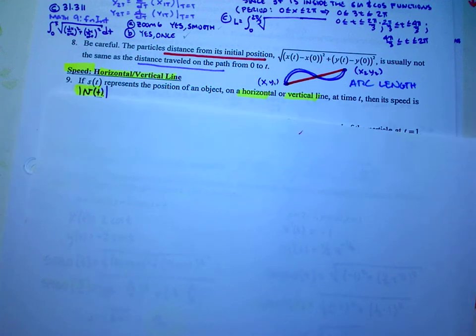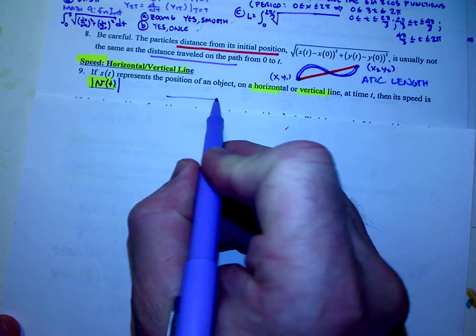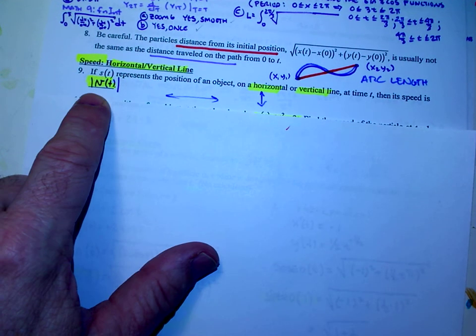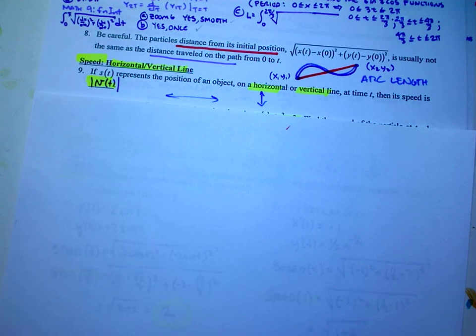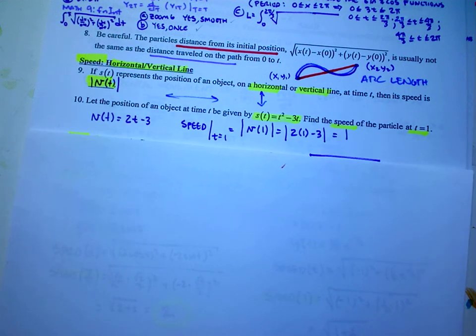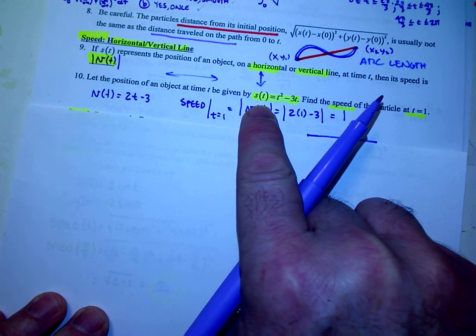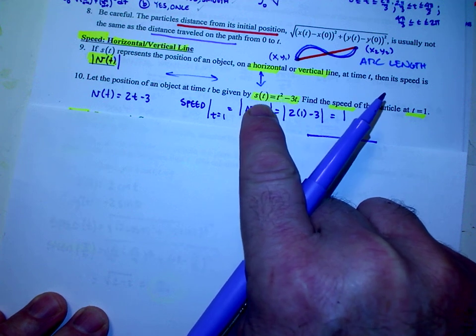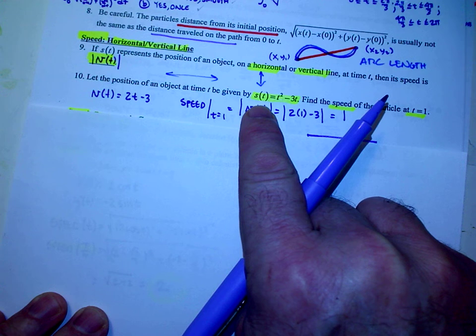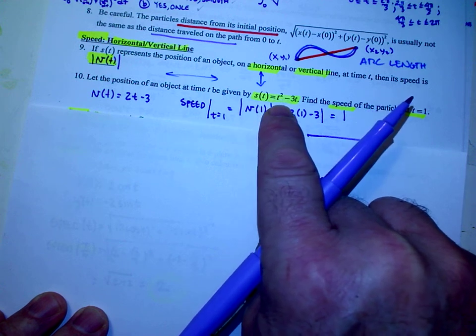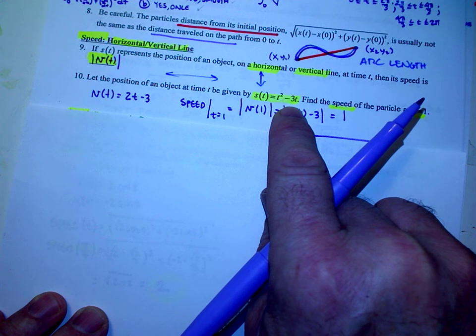Okay? Next topic I want to talk to you about is the idea of speed. And first of all, let's look at it on a horizontal line or a vertical line. Our speed is just going to be the absolute value of our velocity function. So, a quick little example here. You can see that we're traveling along, and our distance is based upon t squared minus 3t.